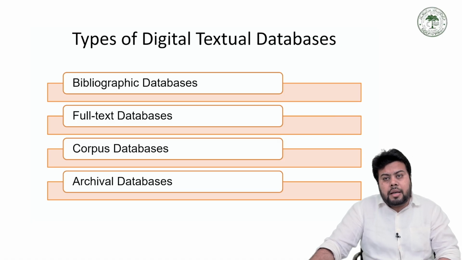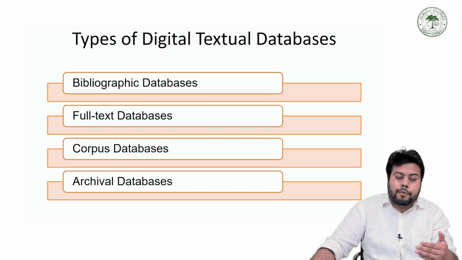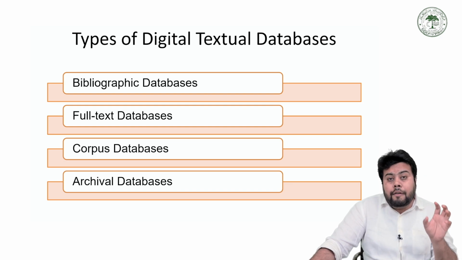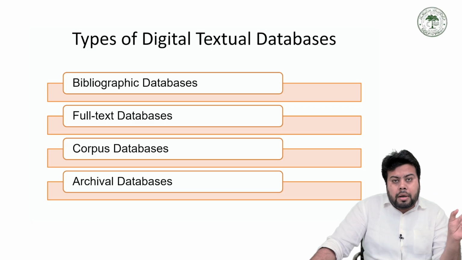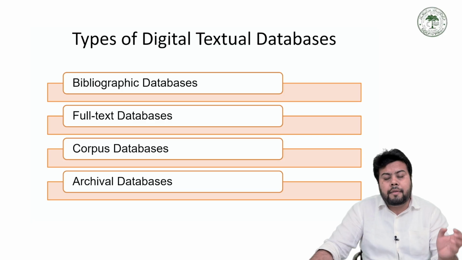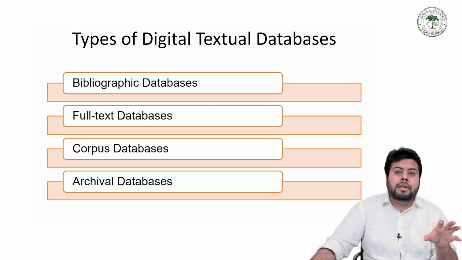Of course, the text is there, but in order to access the file, we don't first go and read the whole paper. We simply go to the abstract and the publication information rather than the complete text. For example, if I'm writing a research paper and I need a particular research paper for my literature survey, I'll simply go to the bibliographical databases.